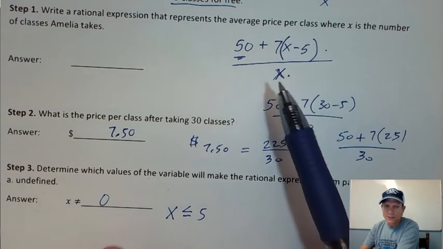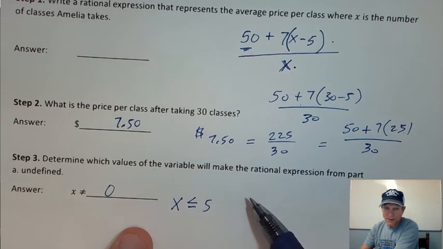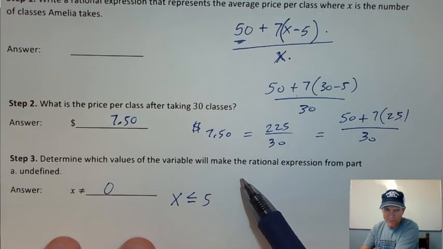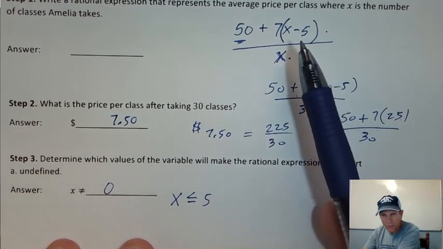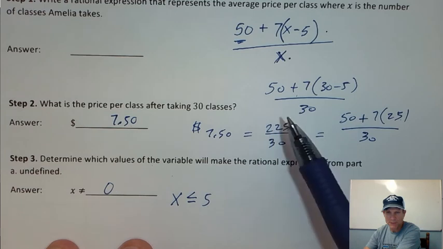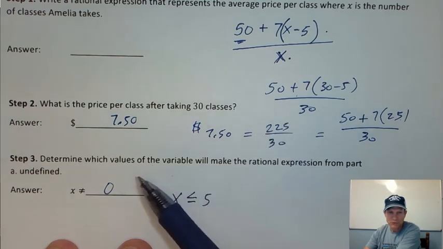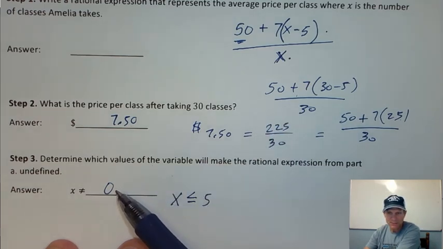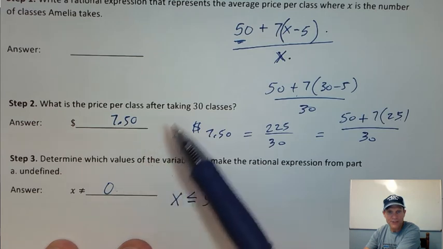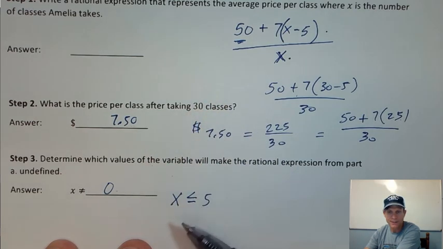It does make you think about what values don't make sense in this problem. 0 is truly the only value that makes the rational expression undefined. The other values just don't make sense in this application problem.